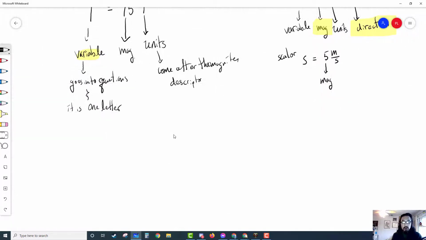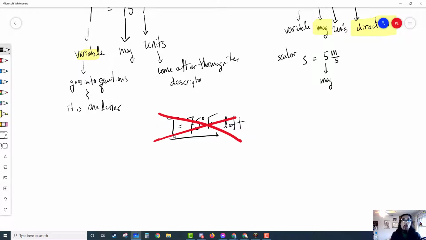So for example, let's say we have a temperature of 75 degrees Fahrenheit, right? If we added a direction to it, such as left, that wouldn't make any sense, right? So this is a scalar, and by adding this direction left, we try to turn it into a vector, and that just doesn't work out, right? So this is a big fat no.